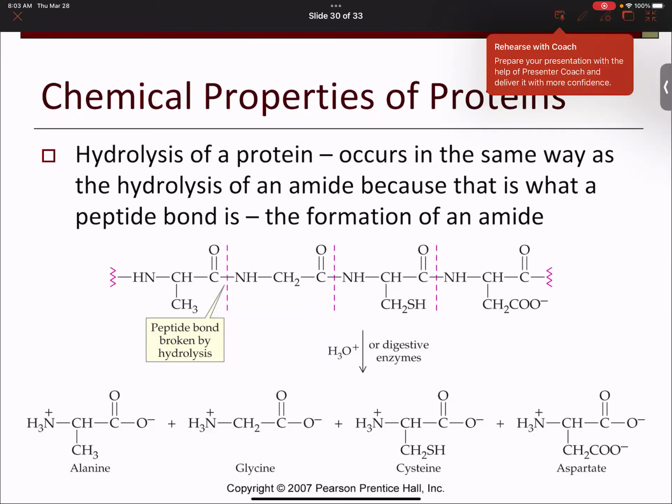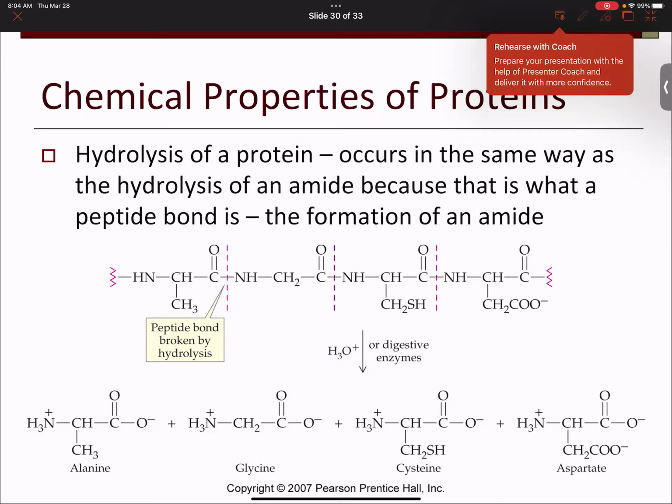On Tuesday, we took the amino acids and combined them to make primary structures. Primary structures are simply the order the amino acids are combined in. From the primary structure, you can develop the secondary structure, which is really what occurs along the backbone.